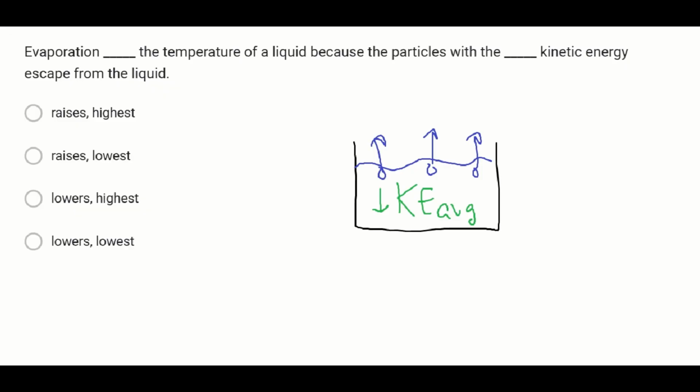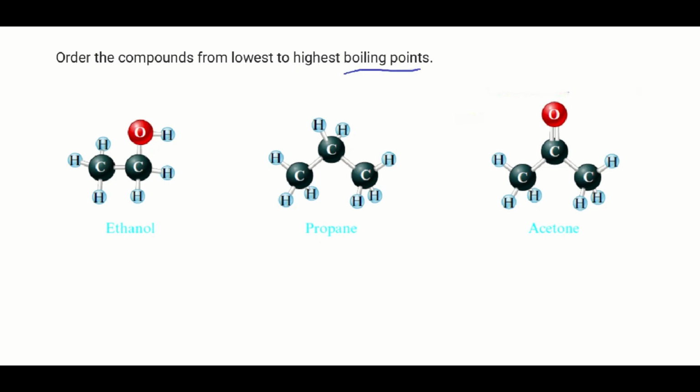They cool their surroundings. In this problem, we're asked to compare the boiling points, and we're given the structures. All three of these have similar molar masses. They're about the same size. So London dispersion forces are not going to be a factor. Instead, you need to consider the intermolecular forces.